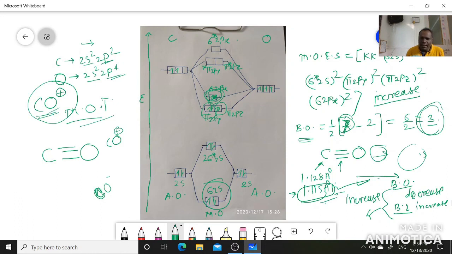Therefore the explanation is not given by the MOT. This is the failure of the MOT for the explanation of the carbon monoxide positive ion. Thank you.